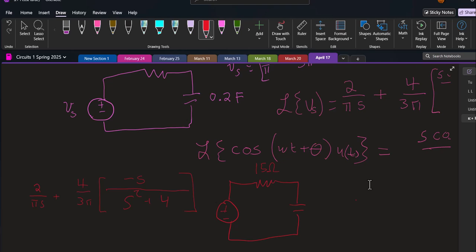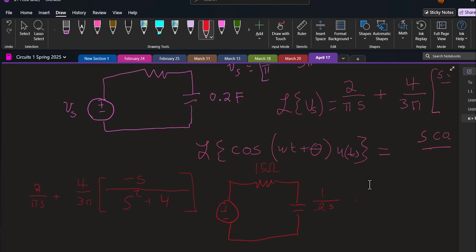So 0.2F, that's a capacitor, and the Laplace transform of a capacitor is 1 over SC. So this would be 1 over 0.2 S. Now we have to see if it had any voltage at time t equals 0.